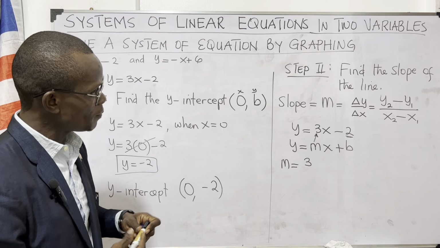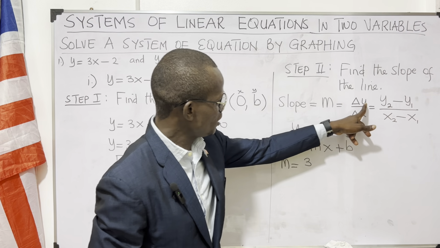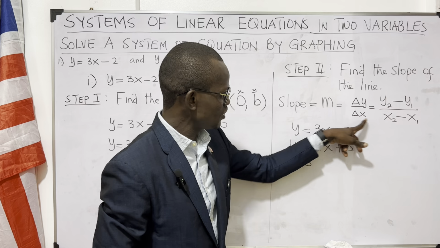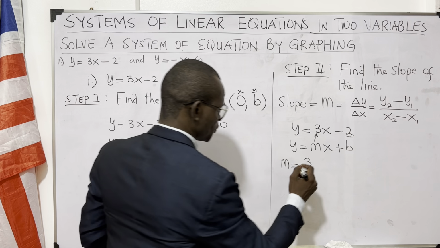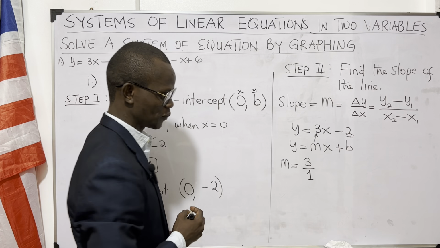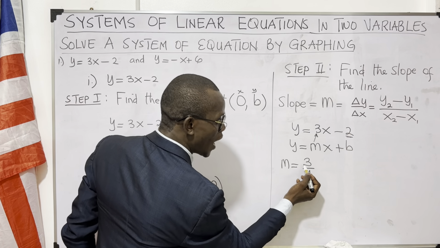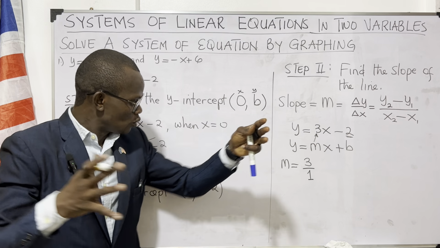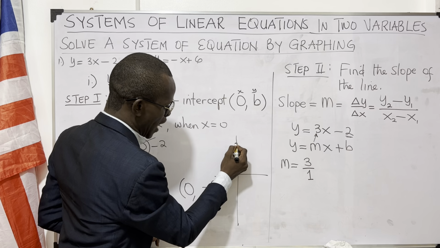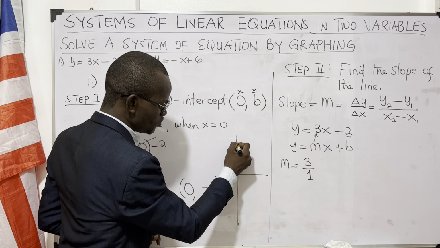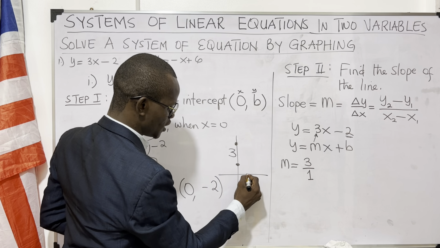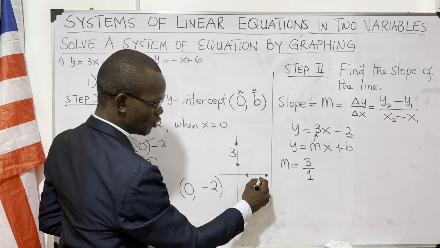But we know that slope is equal to the change in y all over the change in x, so there must be a denominator. The change in y, the difference between the big y and the small y, is 3, and the difference between x1 and x2 is 1.